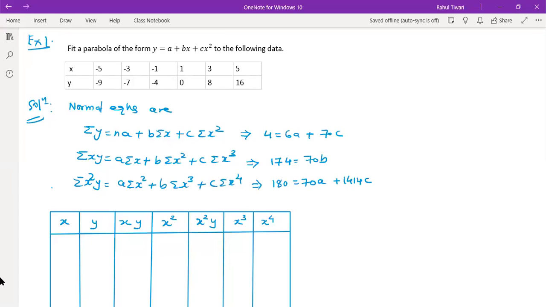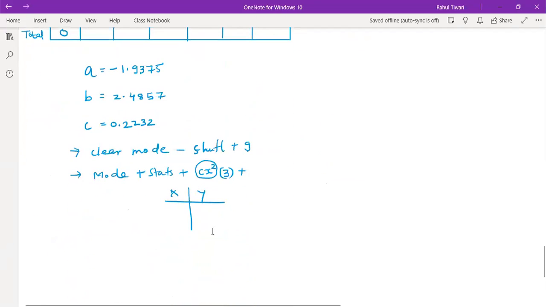See, as usual, you know how to get the values of A and B, right? Shift, what is that variable? Shift 1, after that 5.